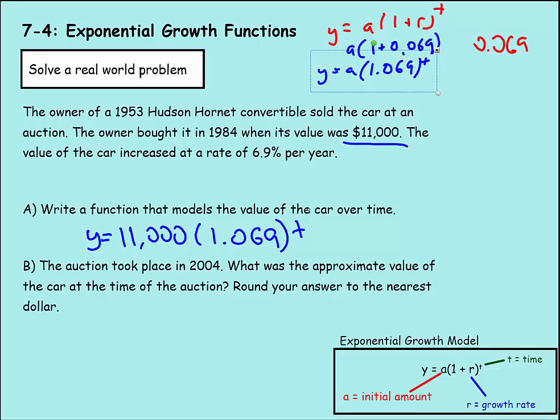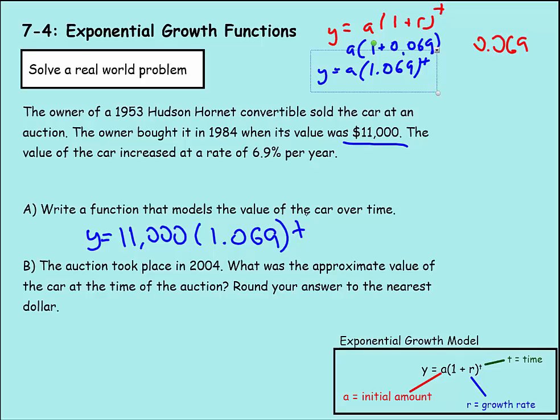Because every year it's going to be multiplied times the rate. So if t was 3 years, you would multiply it times the rate 3 times, or 1.069 times itself 3 times. If it was 5 years, you would multiply this times itself 5 times. So that's why time is the exponent.